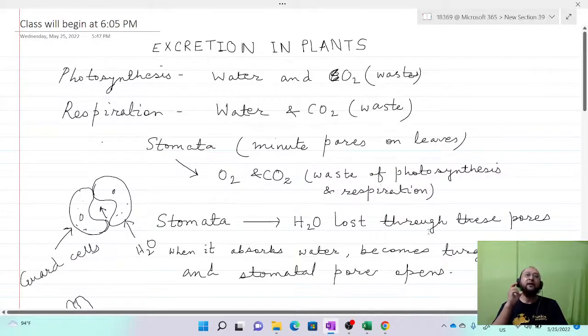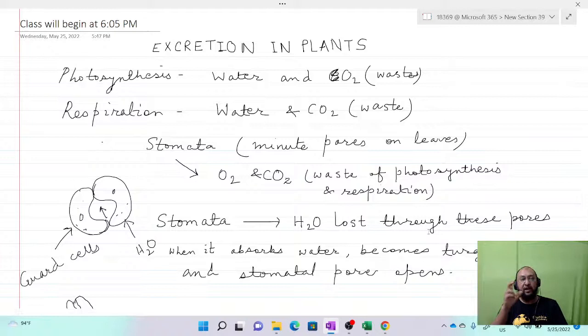Photosynthesis is an anabolic metabolic reaction, or anabolism, where the plant is synthesizing glucose molecule. Along with the synthesis of this glucose molecule, some waste is produced, that is water and oxygen.